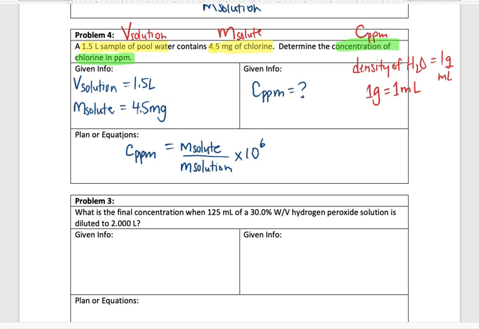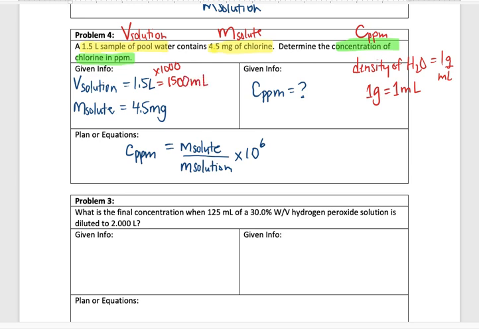So we need to get everything to grams here, because remember, you can divide things as long as they're the same units. So we're just going to move towards grams. Here, we're going liters to milliliters, which is smaller, so we multiply by 1,000, and you get 1,500 milliliters.